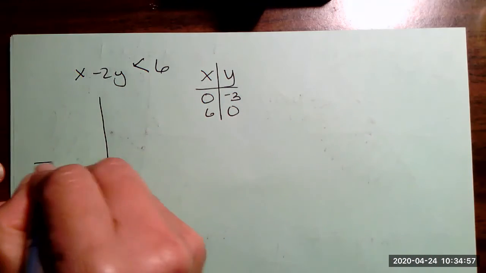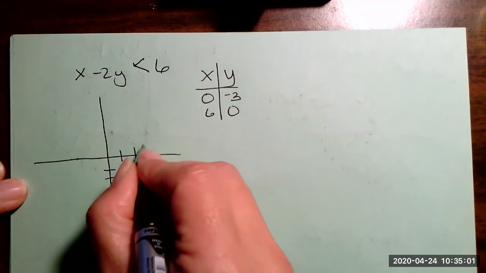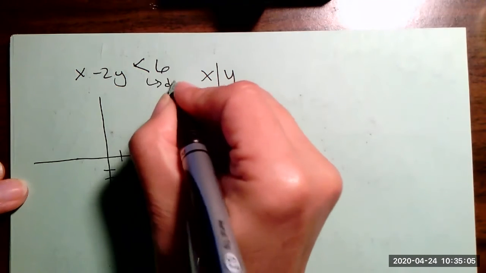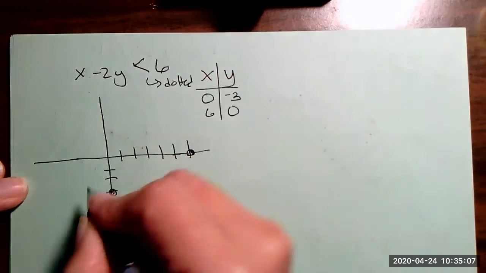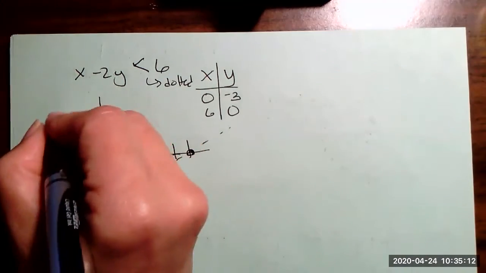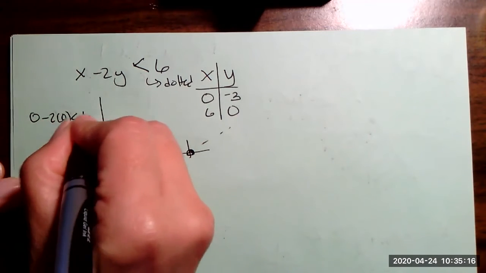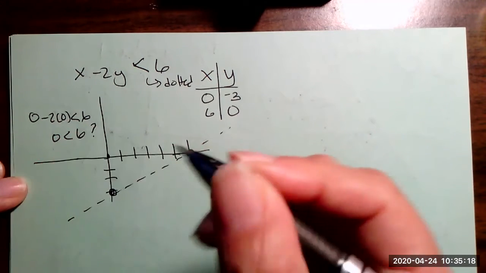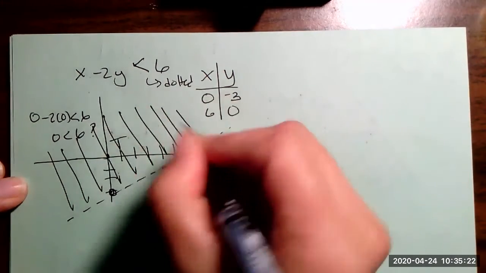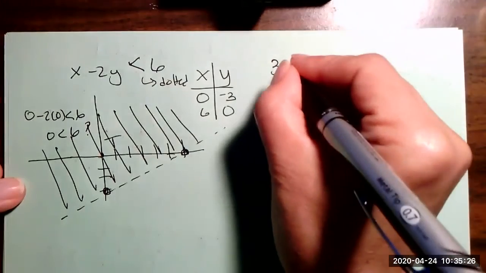So when I graph this, 0, -3, and 1, 2, 3, 4, 5, 6. And because this is a strict less than, this is going to be dotted. All right, I'm going to test 0, 0. So 0 minus that, less than 6. Is 0 less than 6? Yes, it is. That's true. So I'm going to shade up. Right. Go ahead and try this one.